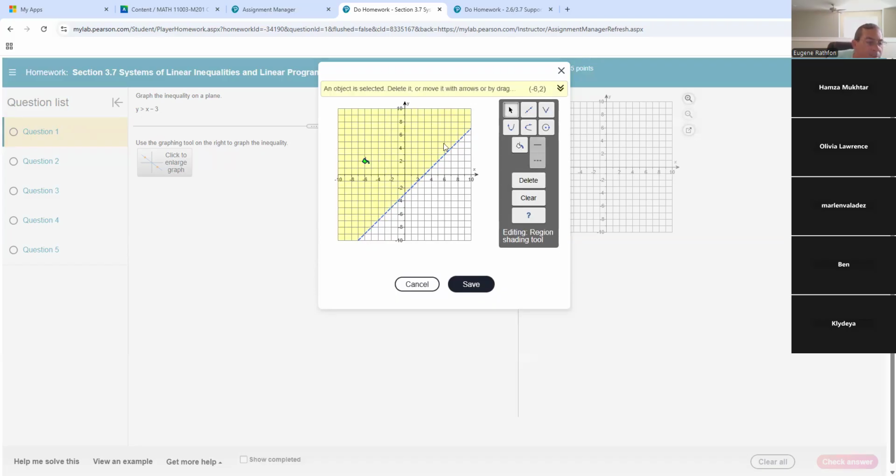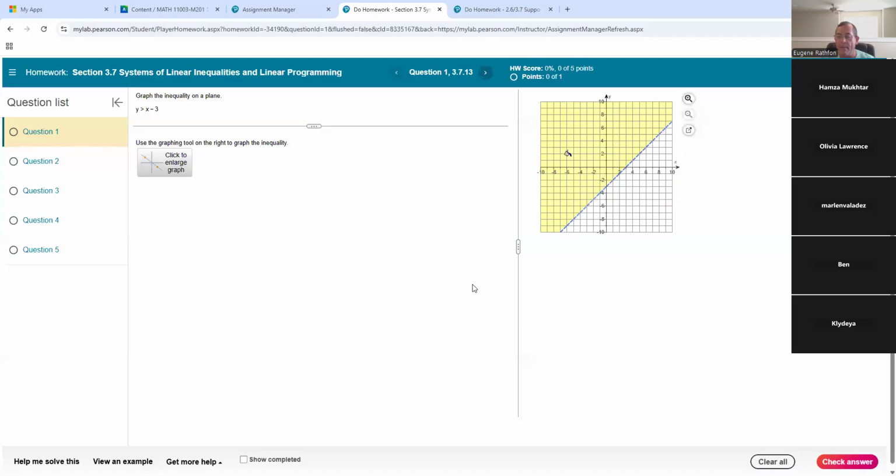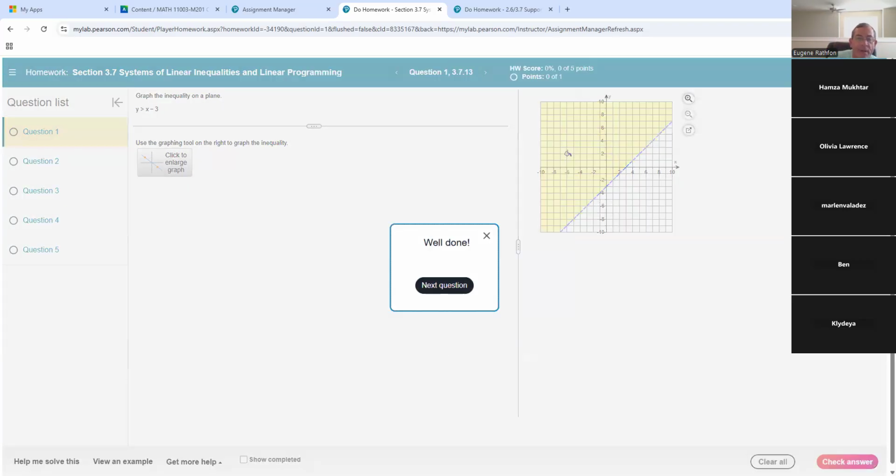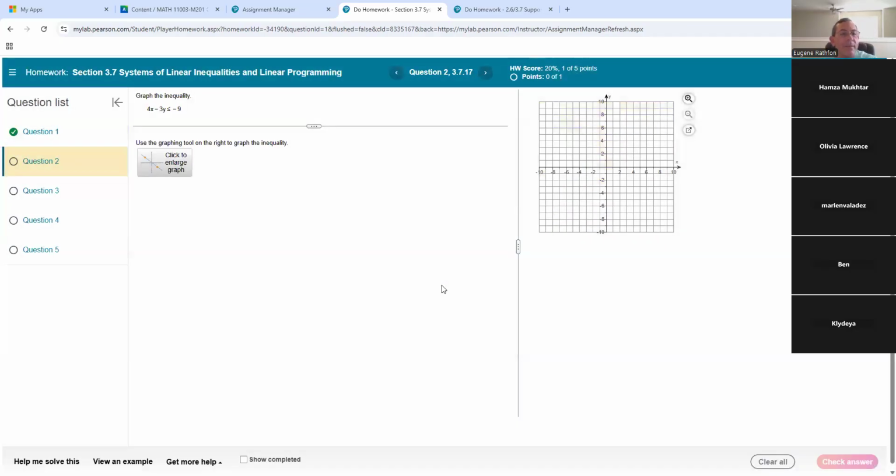Once you click it, it will shade in the graph for you. That means anything that we shaded makes that true. Then you'll save it, and go down here and check your answer. That's going to be the trick on these.